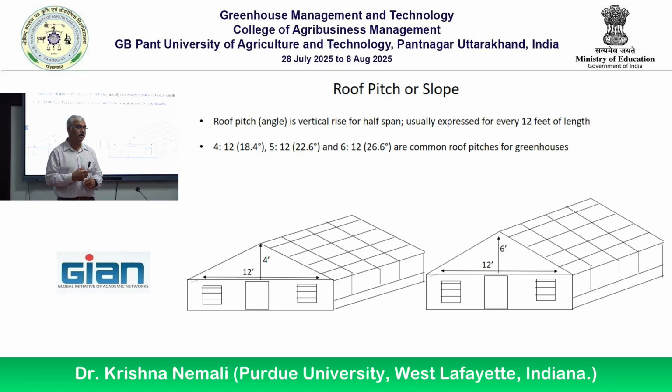No light, no growth, right? More light, better growth. More uniform light distribution, even better growth. We are doing all these design things just to maximize that light intensity transmission and also make sure that the distribution is uniform. Roof pitch, angle of incidence, all of these are very, very important.